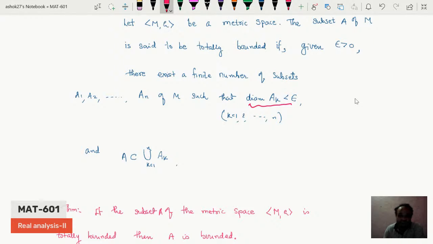So when we say A is a totally bounded set, what is the definition?